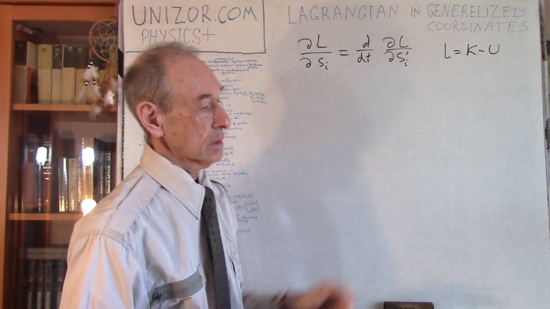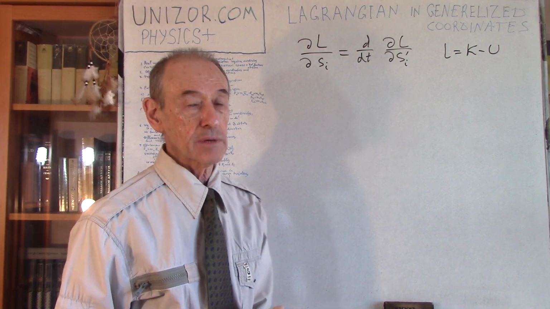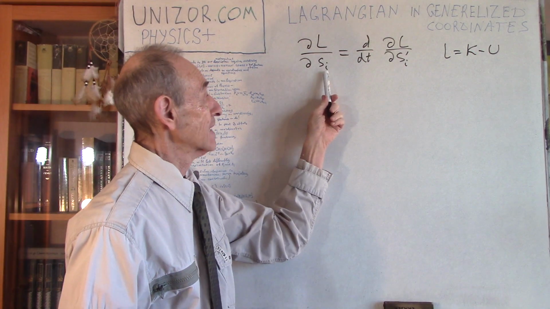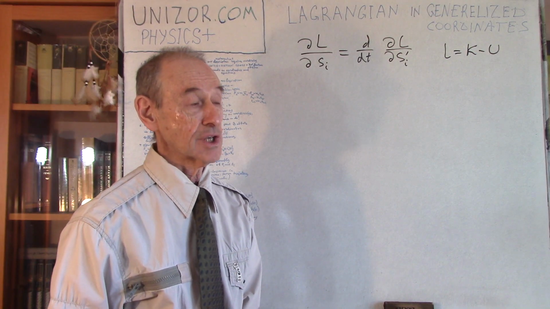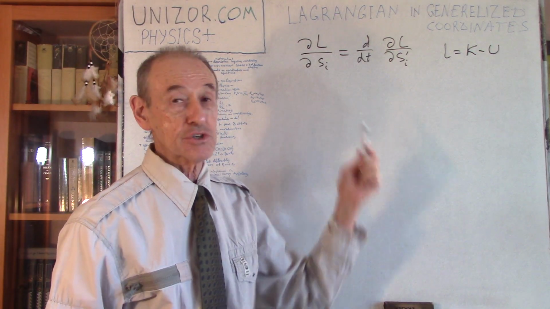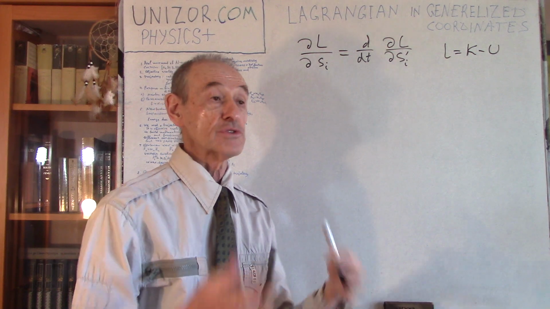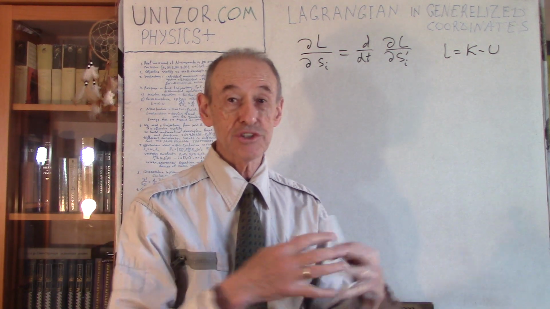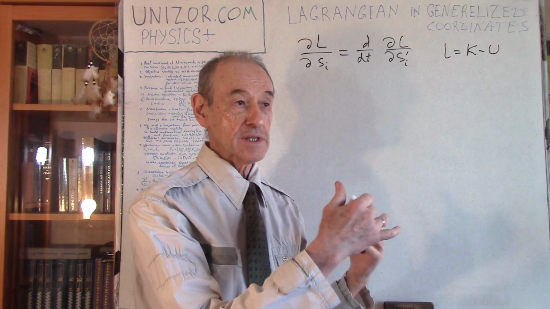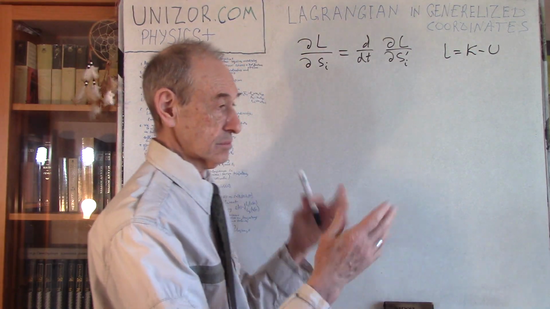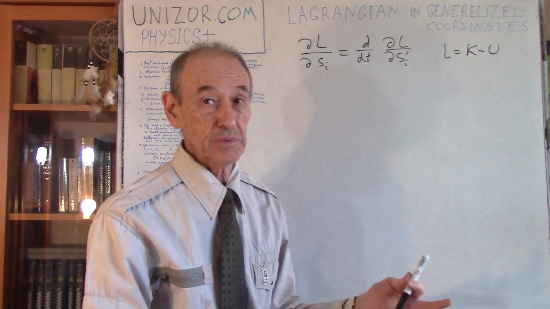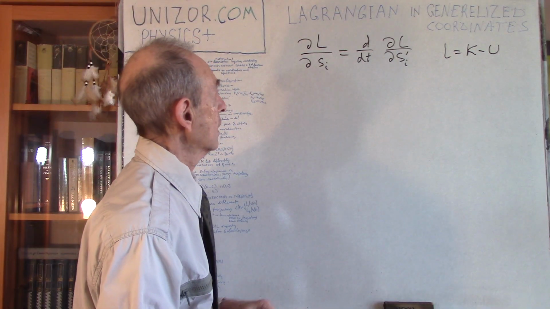So for any conservative system with any system of generalized coordinates, this equation is exactly the same. Versus Newtonian second law, which definitely changes its form. F equals m times a is only for the Cartesian system. For, let's say, the polar system, it's already completely different. Okay, so that's the beauty.